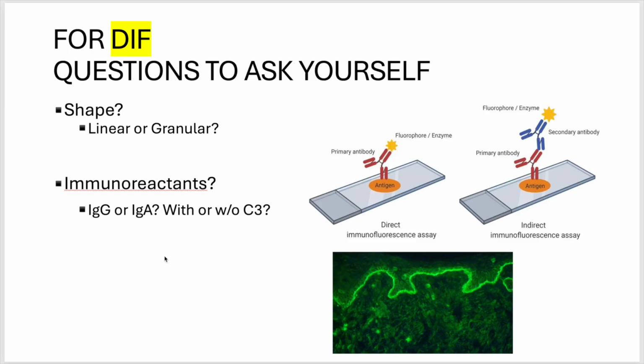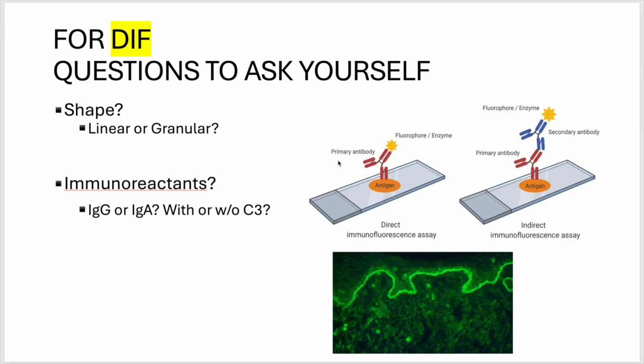So let's talk briefly about direct immunofluorescence, or DIF for short. This is a technique that detects in situ antibody or complement deposition in the skin. For example, let's imagine you are biopsying a patient and cut a frozen section and put it on this glass slide.